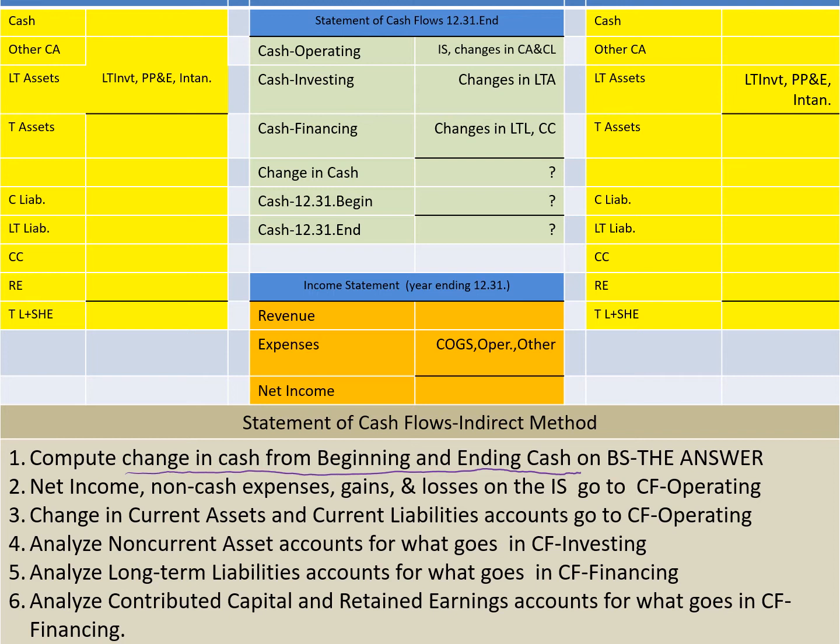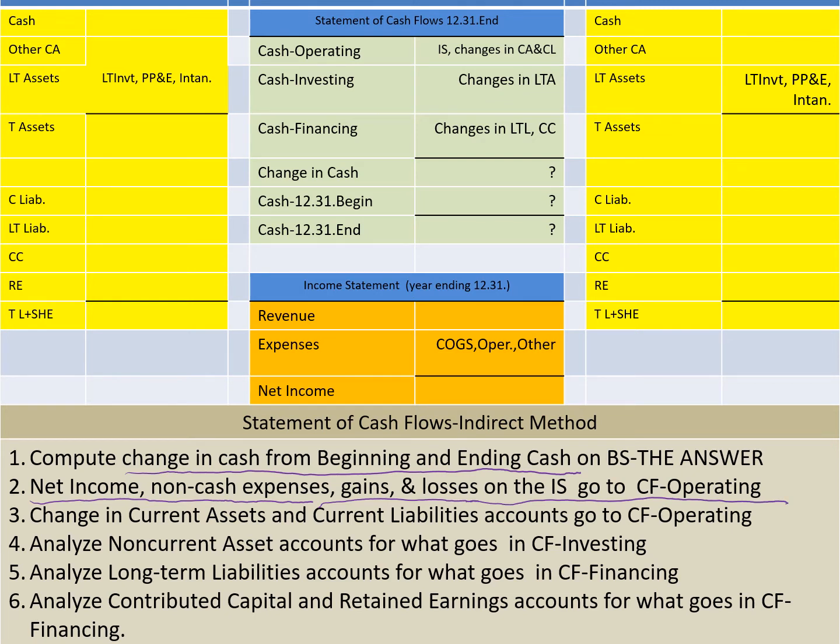The second thing you'll do is look at the income statement for any non-cash expenses, things like depreciation expense, amortization expense, gains and losses from the sale of equipment, and all of this goes into the operating section.